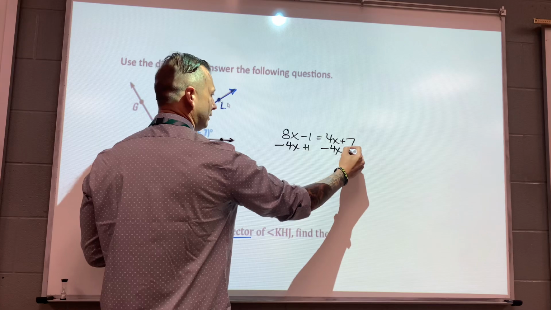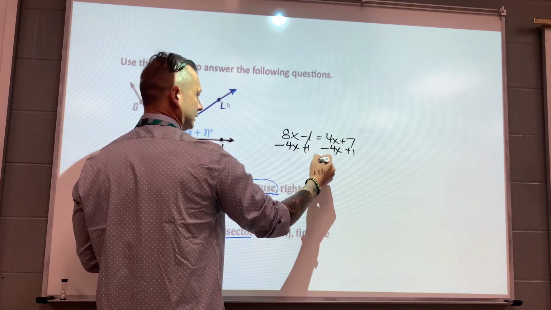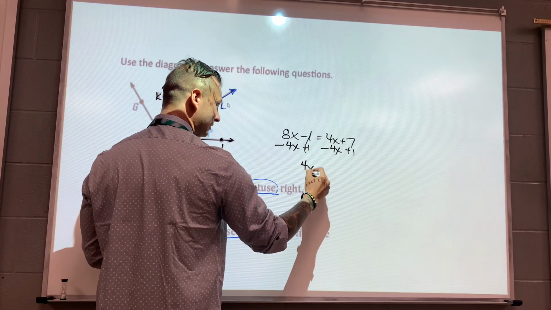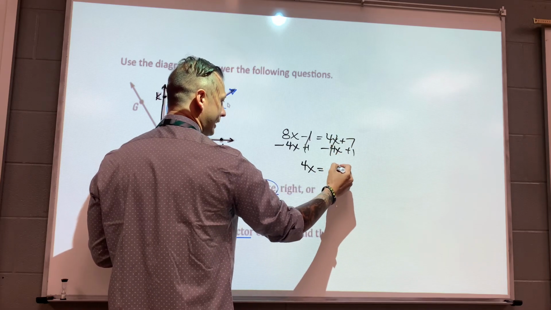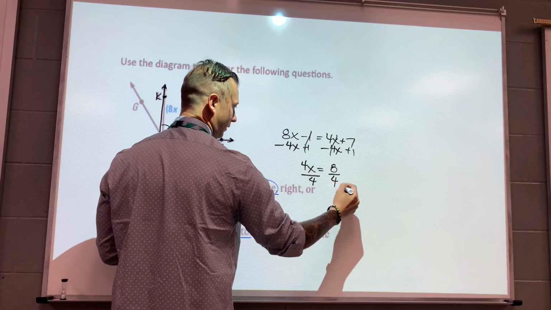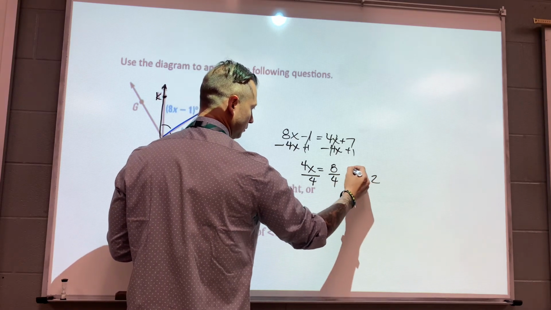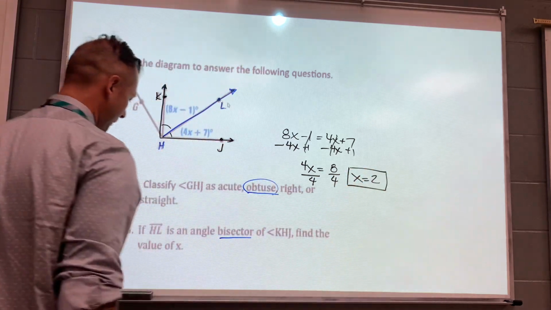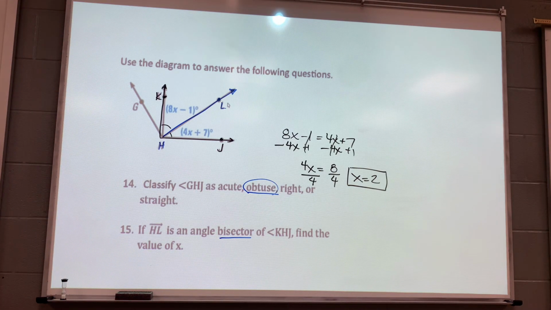I'm going to add 1, add 1. So it's going to cancel, make 4x is equal to 8. Divide both sides by 4. X is equal to 2. Do we need to plug it back into anything? No. The value of x is 2.